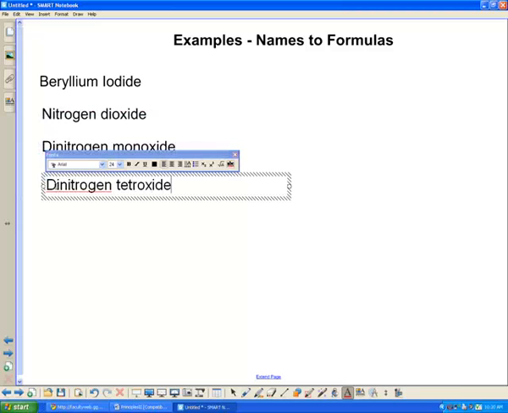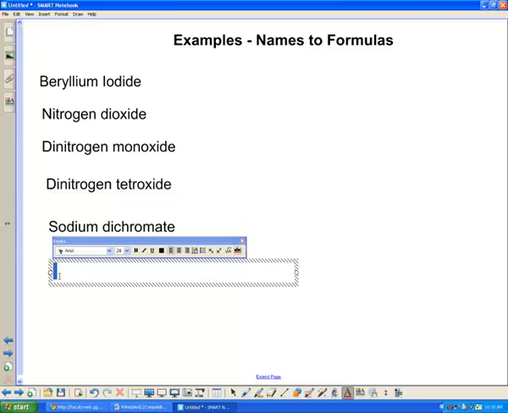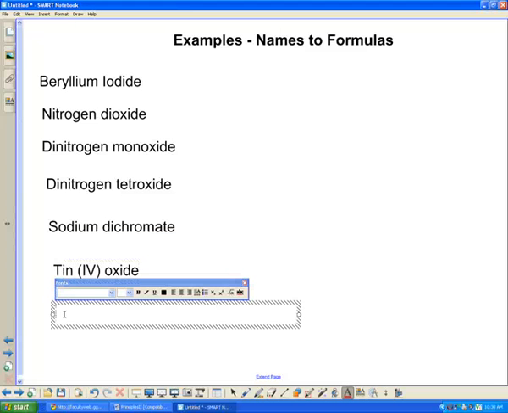Then we'll do sodium dichromate. We'll do tin 4 oxide. And then let's just do one more. Copper 2 sulfate. Alright, okay, so let's just go through these.